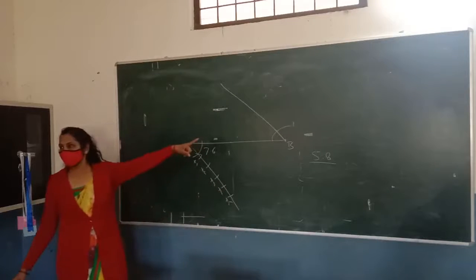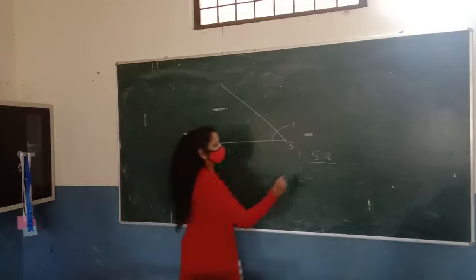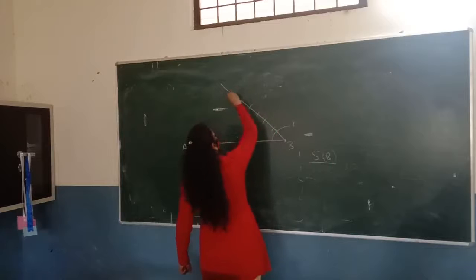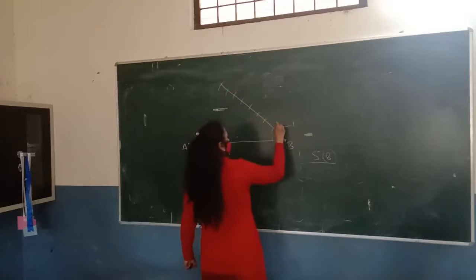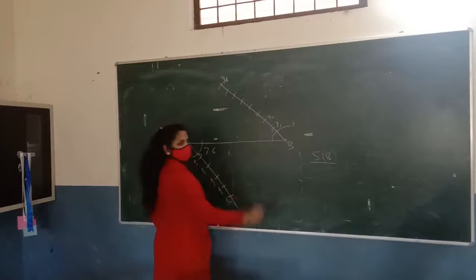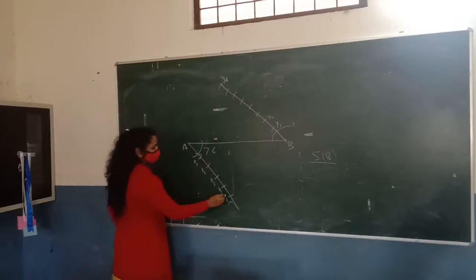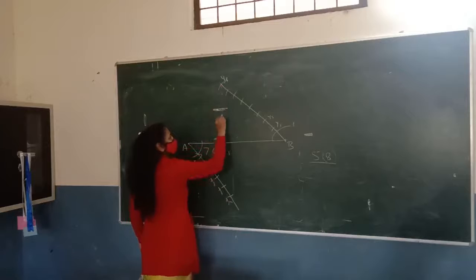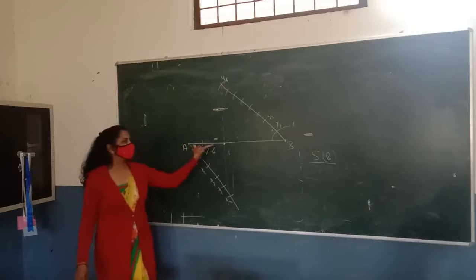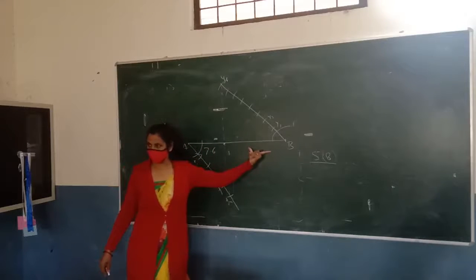And from this side, you will draw the 8 segments, 8 parts: 1, 2, 3, 4, 5, 6, 7 and 8, Y1, Y2 up to Y8. Now what will you do? You will join this 5 with the 8. So this is the ratio of 5:8.